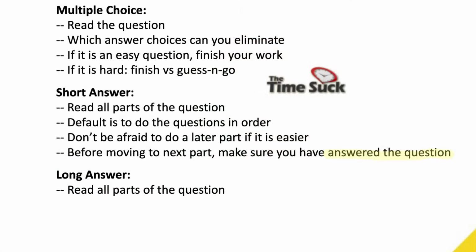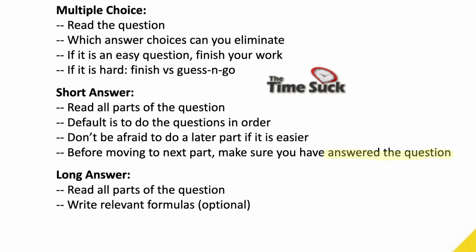Okay, on the long answer, I would say scan all parts of the question. You don't have to read them, you can scan them, just so that you know what's coming. Write the relevant formulas, and I put that down as optional because some people like to do it, others don't. Whichever side you may fall on, that's okay.